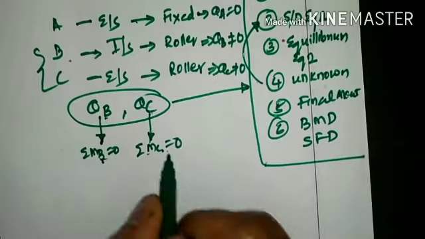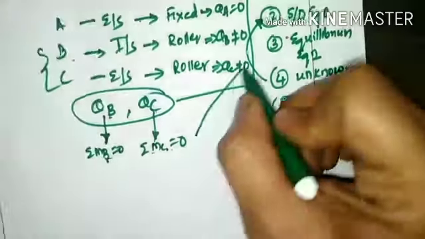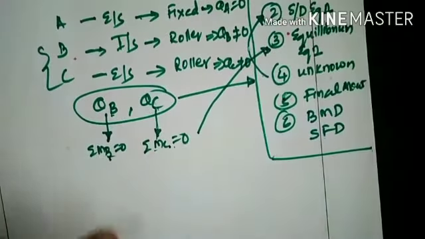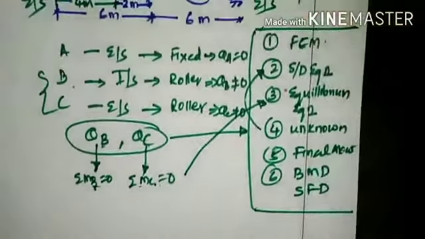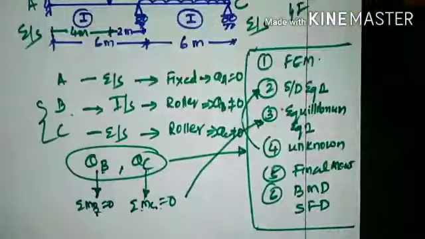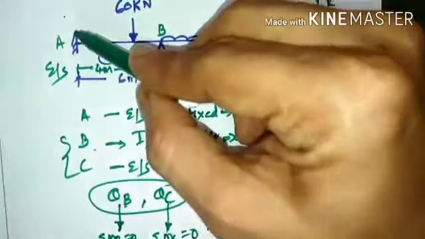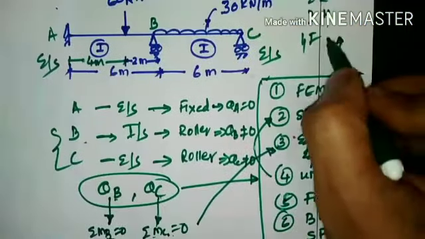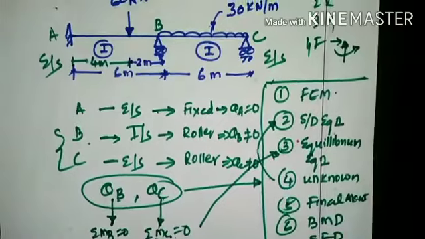So summation MB and MC equal to 0 is nothing but an equilibrium equation here. Now the question is why MB is 0, why MC is 0, and why not MA is 0? MA is not 0 because it is a fixed support and a fixed support offers 3 reaction components: vertical, horizontal and then the moment.